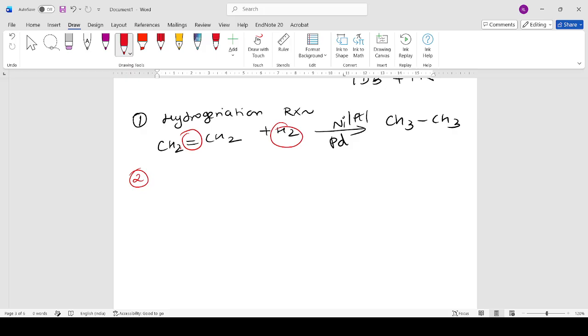The second reaction of the double bonds is hydration reaction, where we are going to add water across the double bond or a triple bond. So I am having CH3, CH double bond CH2 plus H2O in the presence of H plus.